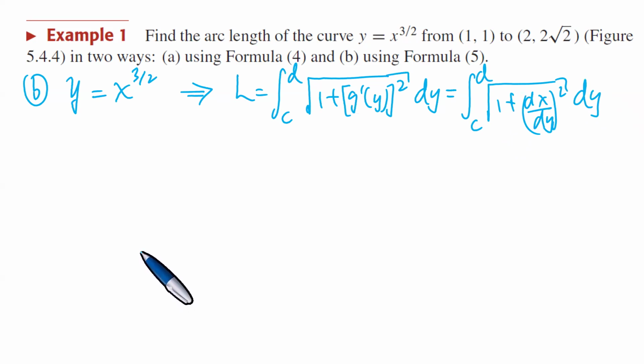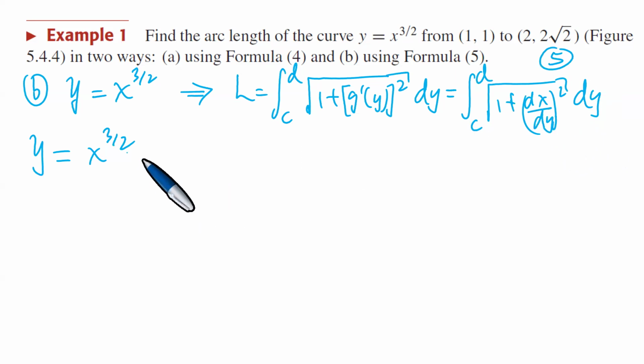Now let us take a look at this one here. But we remember that our y is x to the power 3 out of 2. But we need to get dx/dy in the formula number 5, which is this one. But now, to make x the subject, we need to solve for x. And to do that, we need to raise to the power.